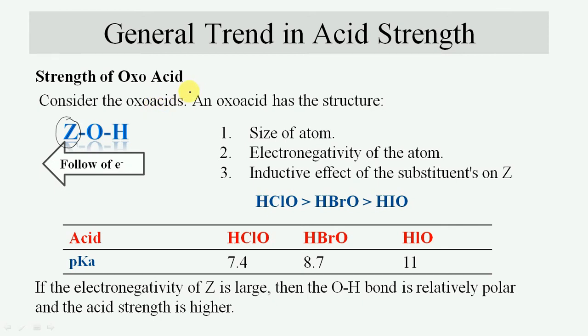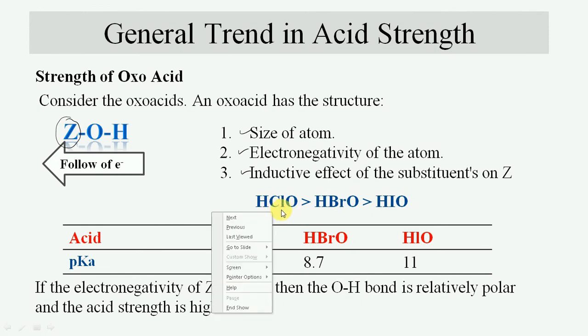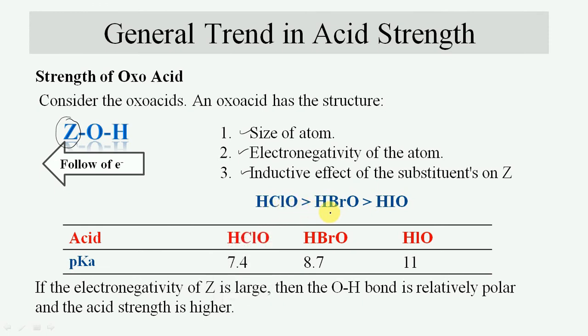The strength of oxoacids depends upon the combined effect of size of the atom, electronegativity of the atom, and inductive effect of the substituent on Z. So let us compare a few oxoacids. In this case, Z is replaced with chlorine, here with bromine, and here with iodine.